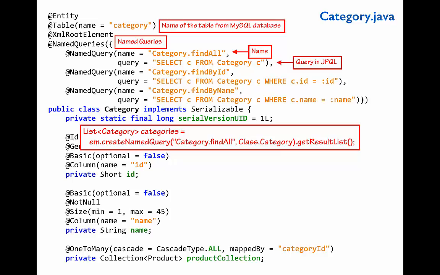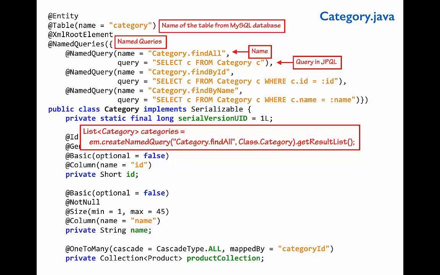This code has the entity manager, em, creating a named query based on the name Category.findAll, provided in one of the named query annotations in the Category.java code. The method getResultList returns a list of entities.